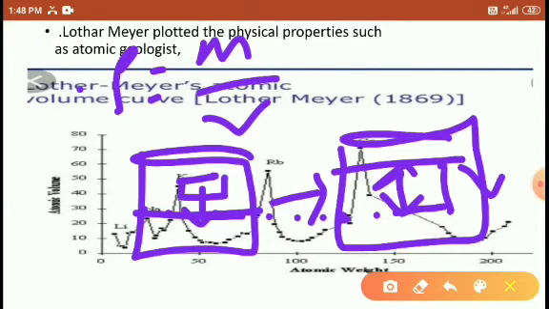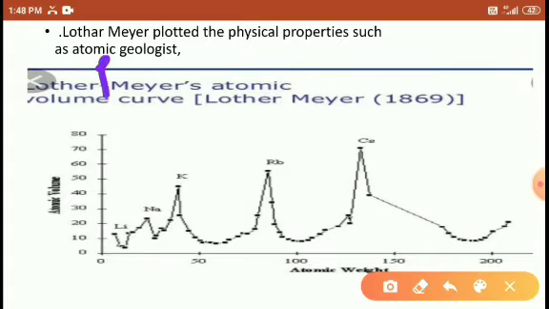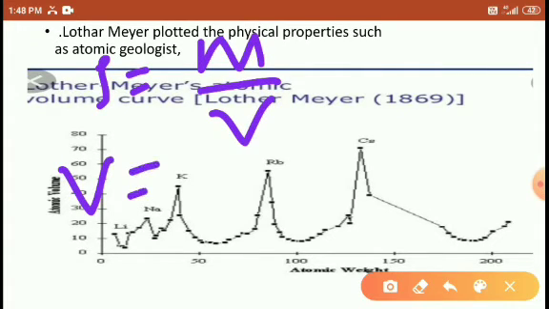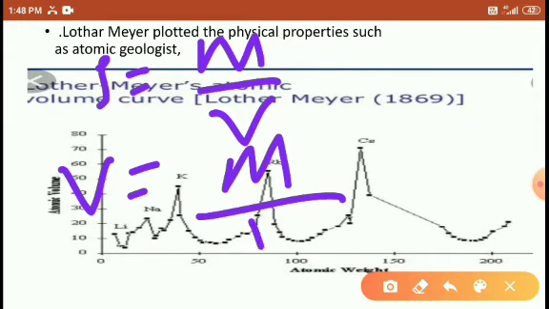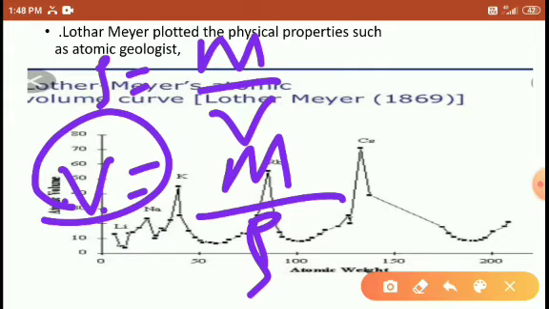With respect to density, the density is equal to mass by volume, so he calculated the volume as mass by density. By using this volume, he plotted it against the atomic mass.